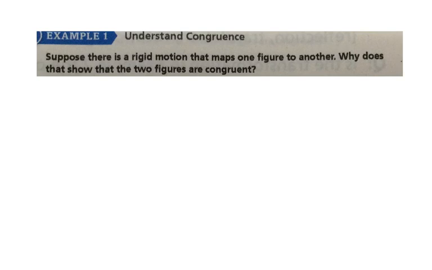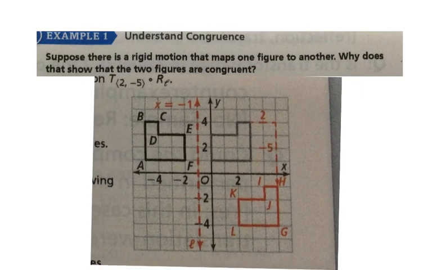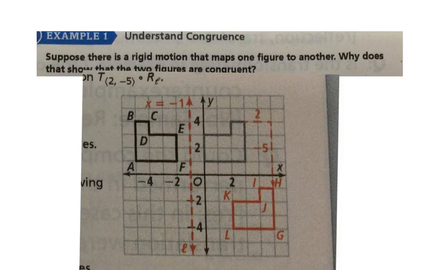Look here as an example. You can see they are looking at this figure here, A, B, C, D, E, F, some kind of six-sided figure, and they're wanting to know, is it the same as this figure? Are they congruent? Well, they did a reflection. That's rigid motion. And then they did a translation.